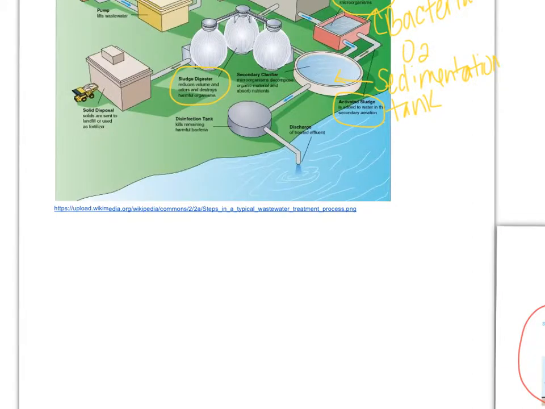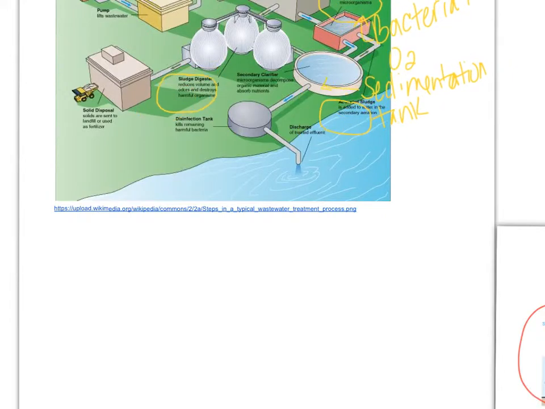So let's talk about sludge. The sludge digester reduces the volume and odors of sludge. And so sludge is like some solid stuff that's been decomposed, and it actually makes good fertilizer.